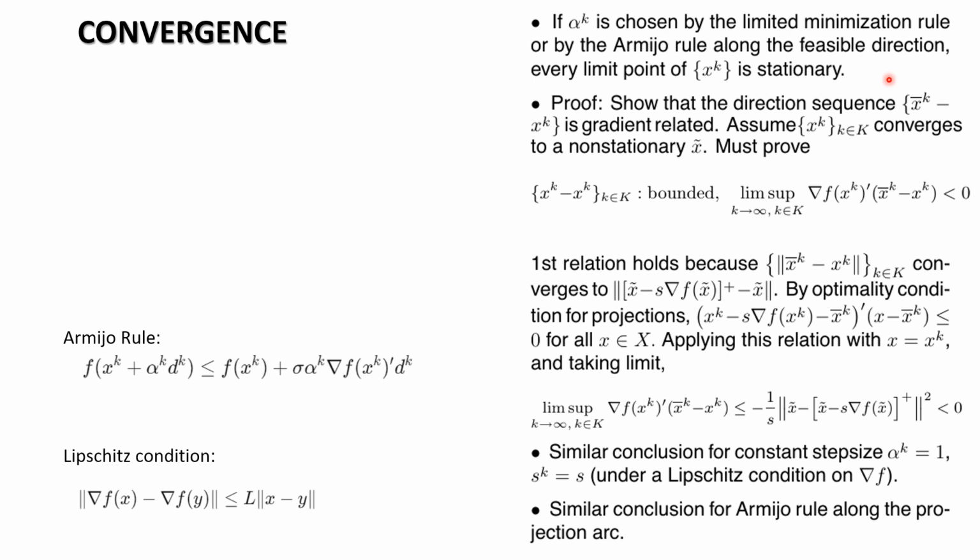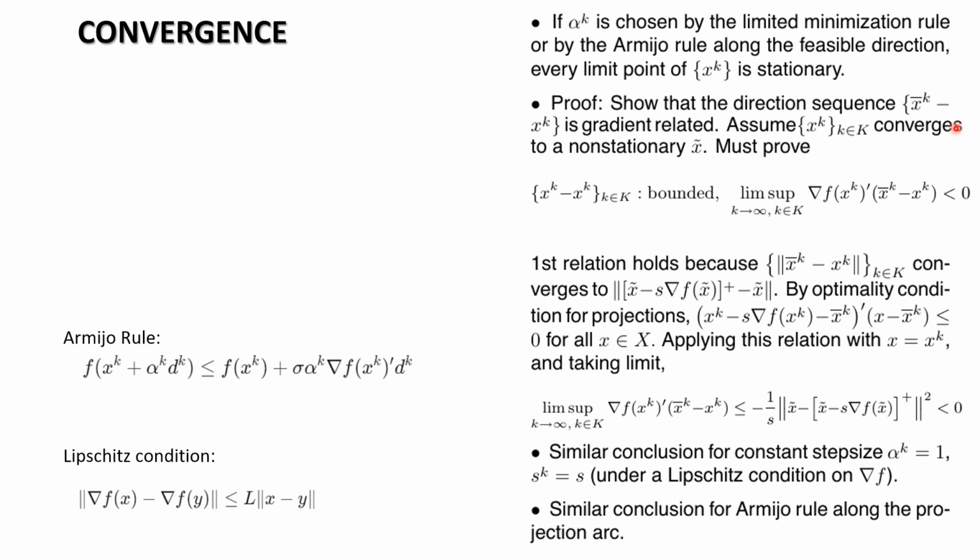We want to show that under proper step size selection, xk plus 1 equal to xk plus alpha k multiplied by x bar k minus xk, where x bar k is the projection of xk minus sk nabla f of xk, produces iterates xk such that every limit point is stationary. That is, the method converges to an optimal point, or at least no further feasible descent is possible.